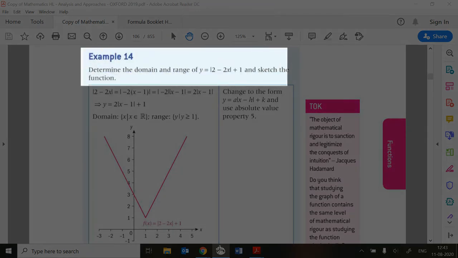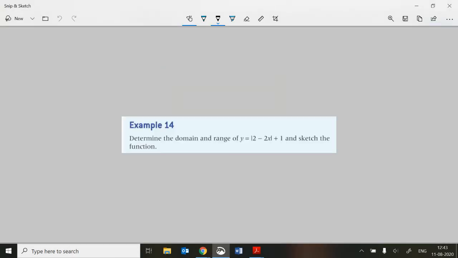Okay, example 14, and then we get to the exercise. For example 14, let's determine the domain and range of this function here. Now, this is where your algebra comes in, using the absolute value. We can split this up into -1, remember, we did this earlier on, and times by 2.